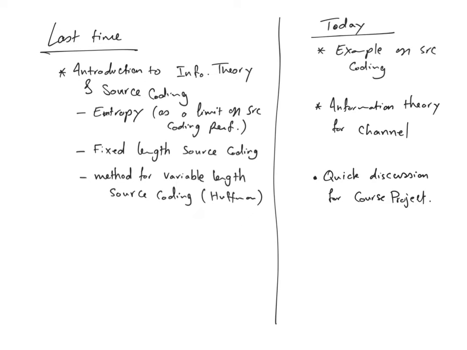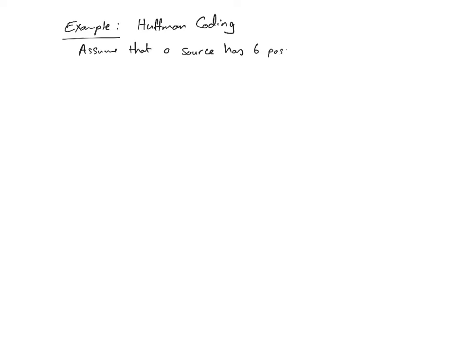So let's start without delay, taking the example on Huffman coding. The example says assume that a source has 6 possible messages, with probabilities.